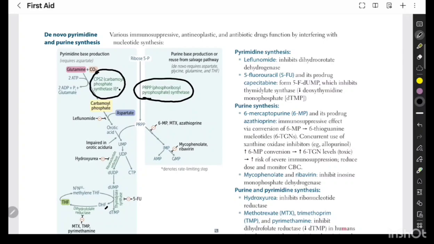So let's start with the pyrimidine base production. What you need to remember is basically that you need carbamyl phosphate synthetase 2 as the rate limiting enzyme.